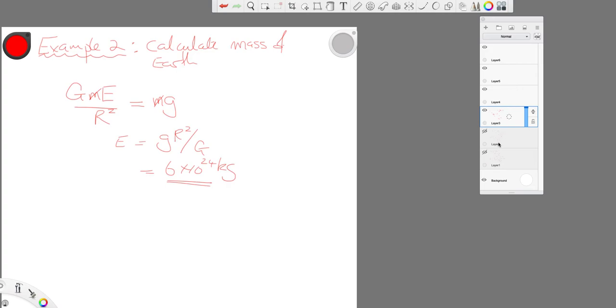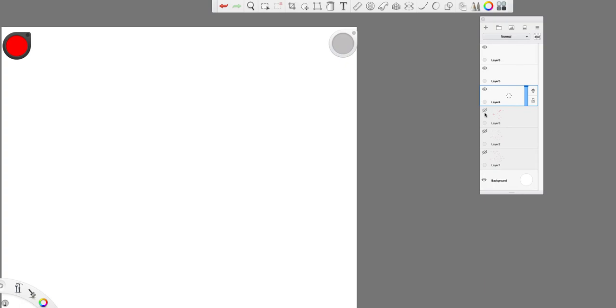Let's look at another example. Let's think now about calculating the mean density. Let's call this example 3. Mean density of Earth.